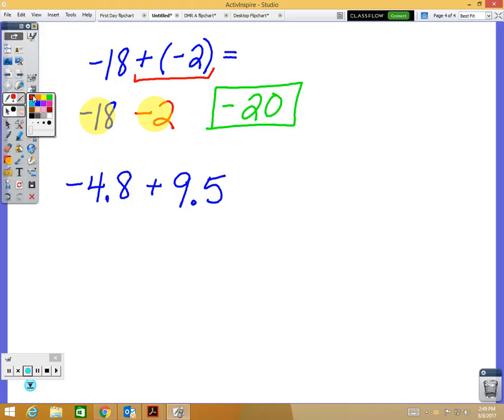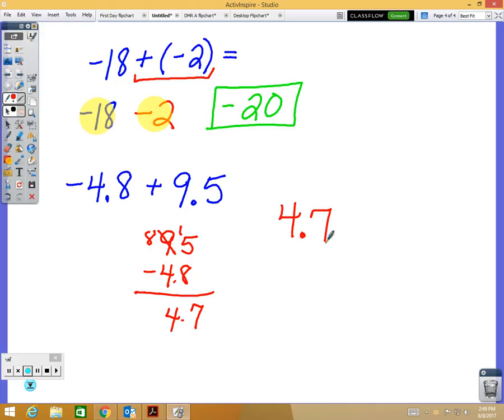So let's subtract these, please. 9.5 minus 4.8 is 4.7, right? Now we have to think about, is this going to be a positive 4.7 or a negative 4.7? Why is it positive? I agree. That's right. The 9.5 is the biggest number, and it is positive.